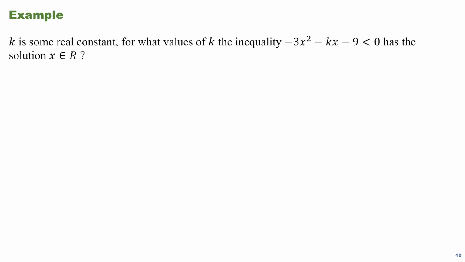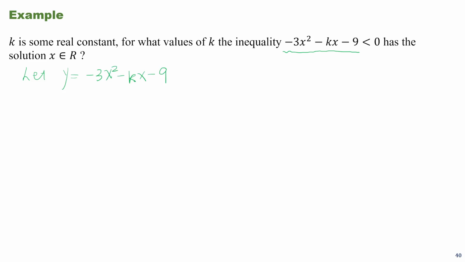Alright, let's have a look at the solution together. Okay, so suppose k is a number. Let's treat k as a number. First of all, the left side is the expression of a quadratic function, right? We know if we let y equals -3x squared minus kx minus 9, then this is a quadratic function.